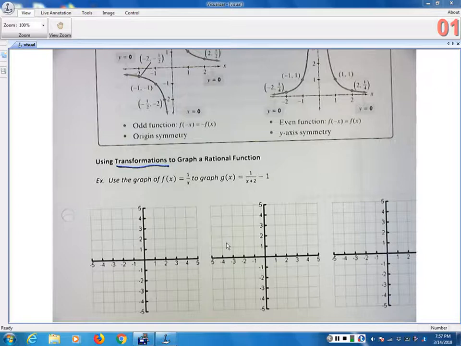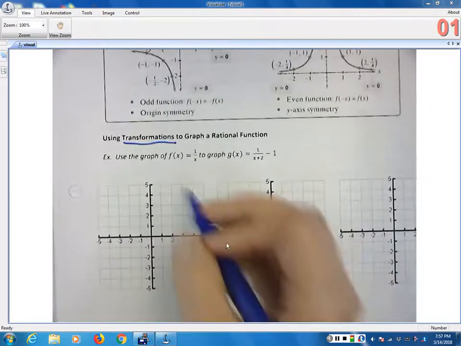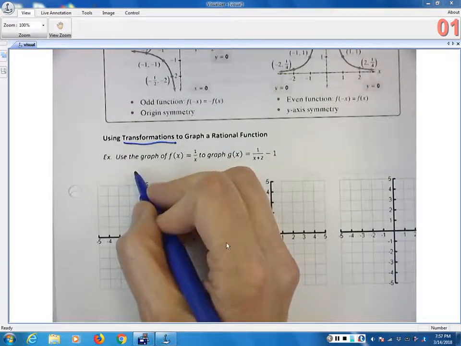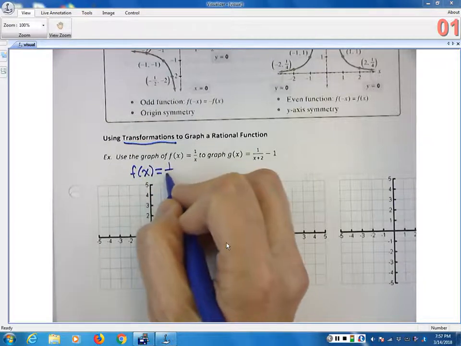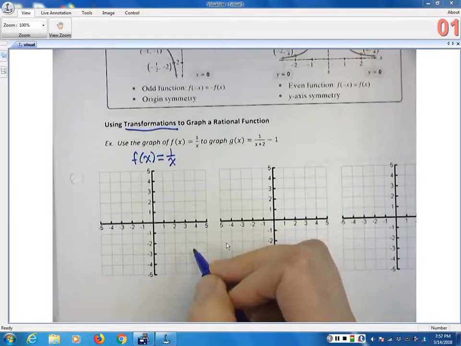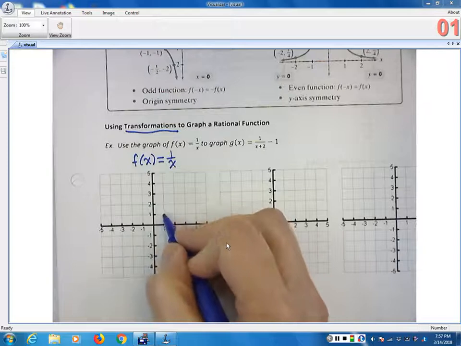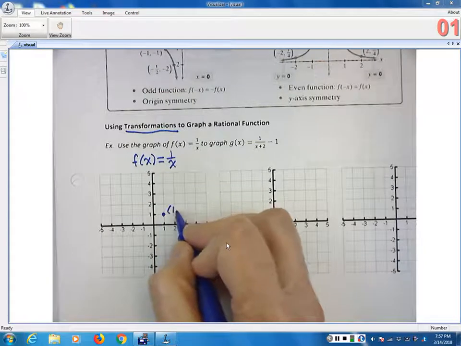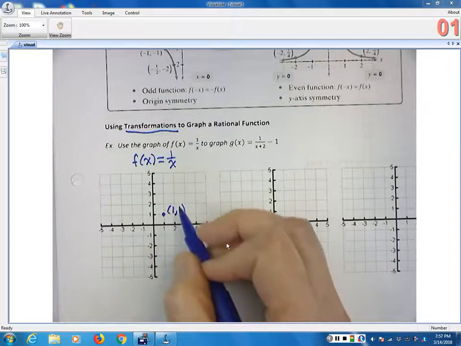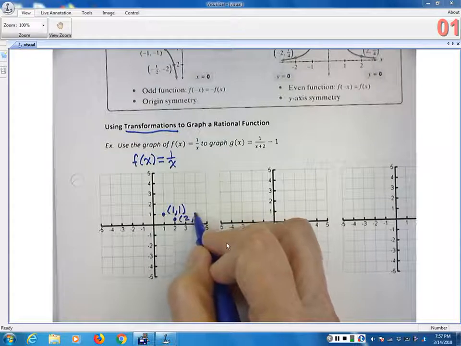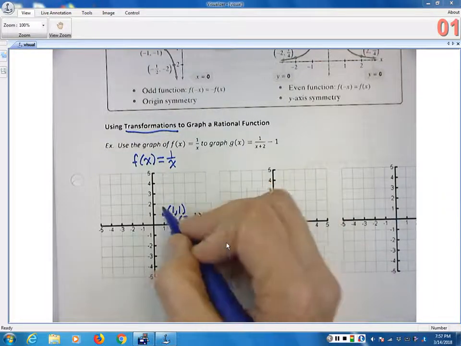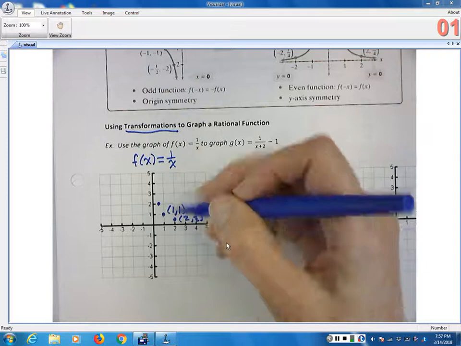So first we're going to draw our f of x in this first graph equals 1 over x. So it's drawn up there. It has a point at 1, 1. It has a point at 2, 1/2. And it also has a point here.